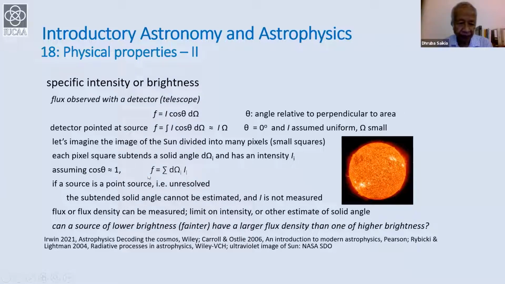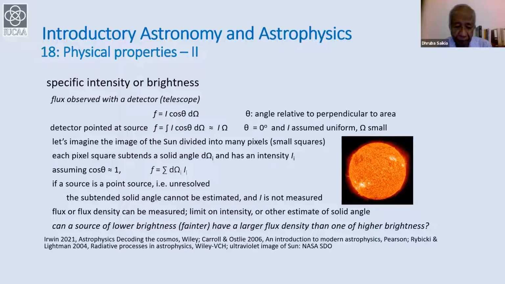density of the source. Now, because F is equal to I omega, if I cannot get an estimate of what the solid angle is, then I cannot get an estimate of I. I cannot define it. For example, if a source is unresolved with a particular angular resolution, whether it be the seeing disk or the angular resolution of a radio telescope, I'm not able to measure the size of the source.